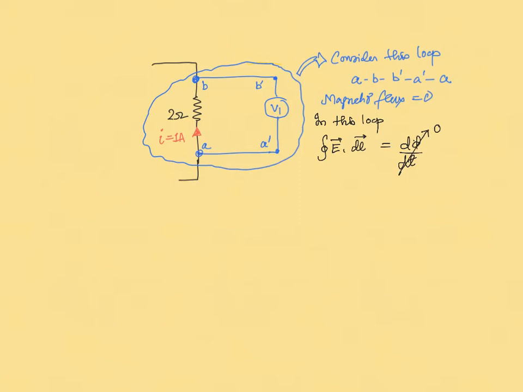So in this voltmeter, there is a very feeble current flowing. It's a tiny fraction of this 1 amp current, but still it flows. So let it be I dash, an extremely small current, because the resistance is extremely high.